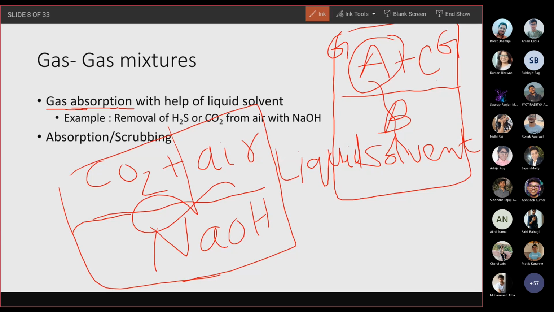If I rigorously mix it, can anyone guess what will happen after mixing?